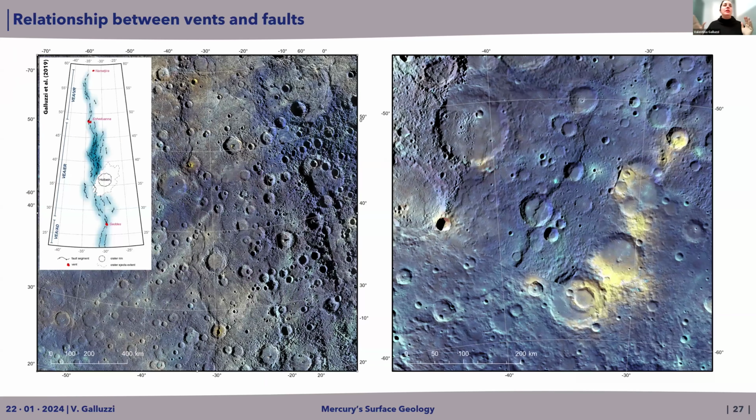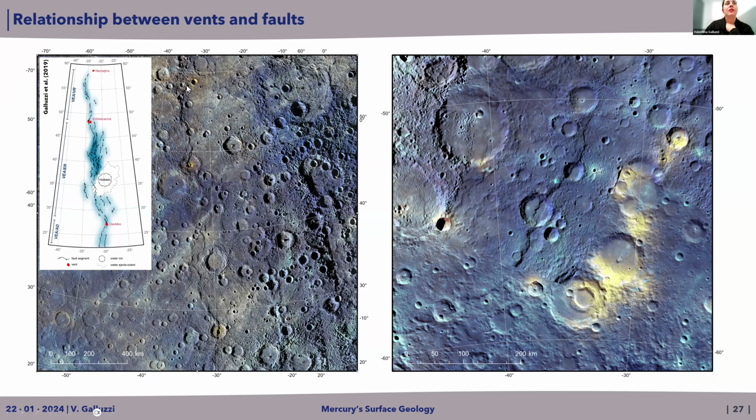And also, if we look at the relationship that these vents have with the faults, we can see that the vents often align with fault systems. Again, we are in the longest fault system of Mercury, the Victoria system, which, as I said before, is 1,500 kilometers from here to here.